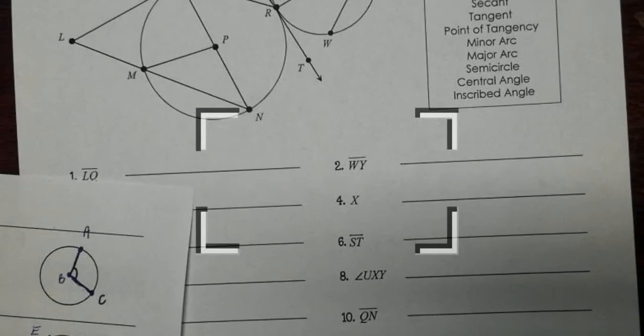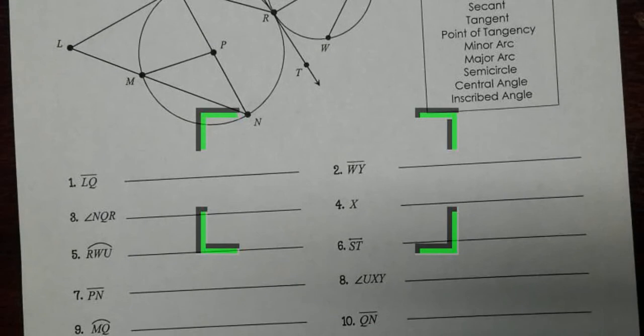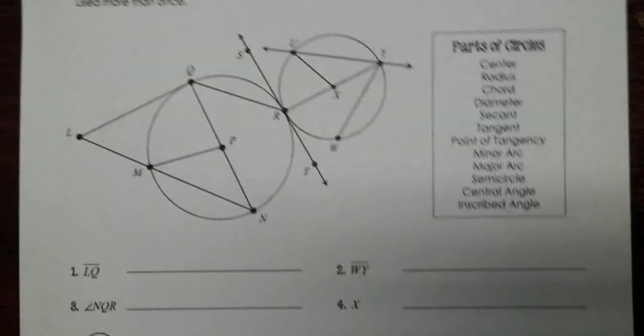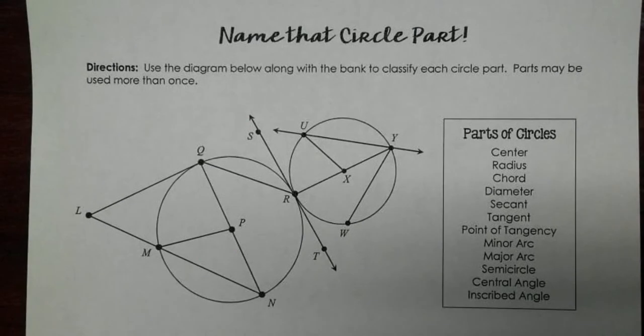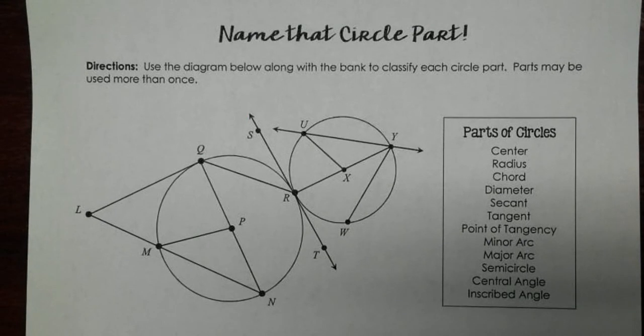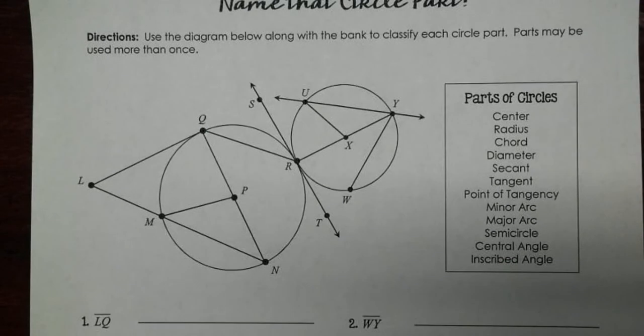The next page at the top says name that circle part. I'm going to do a couple with you, and then I want you to do the rest on your own. So the directions read, use the diagram below along with the bank to classify each circle part. Parts may be used more than once. So don't mark them out once you're done with them, because you may use them more than once. So what you're going to do, zoom out a little bit.